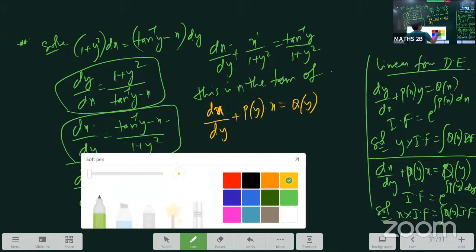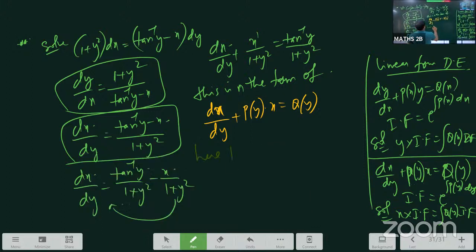So here your p of y is 1 by 1 plus y square. Your q of y is tan inverse y by 1 plus y square. Is it clear?